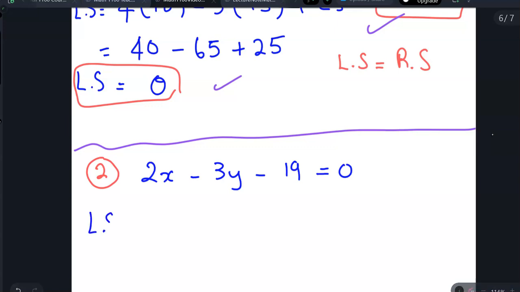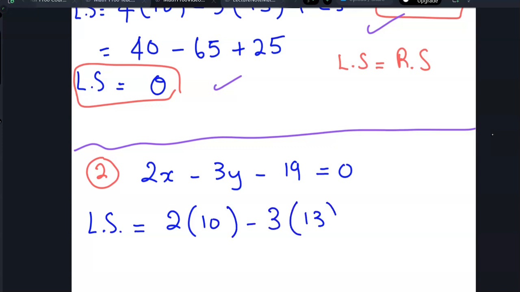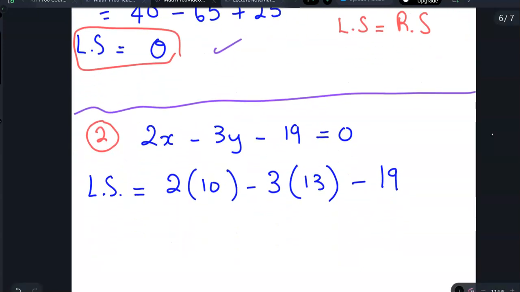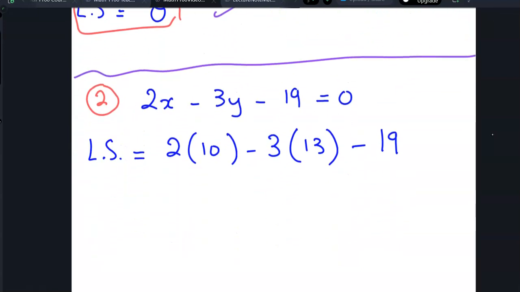So the left hand side is equal to 2 times 10 minus 3 times 13 minus 19, because 10 is x, 13 is y. So this is 20 minus 39 minus 19.